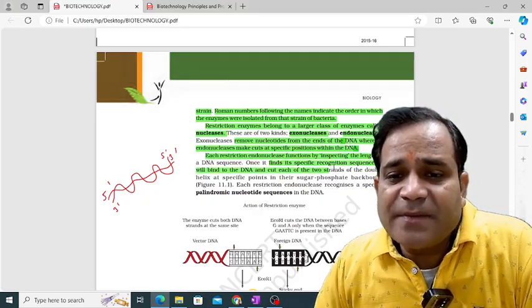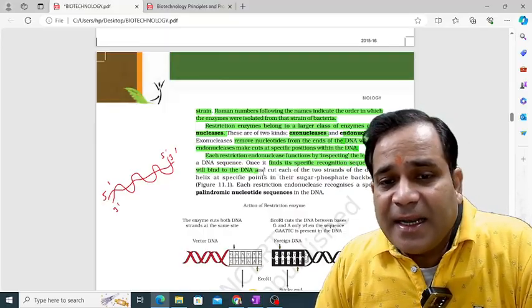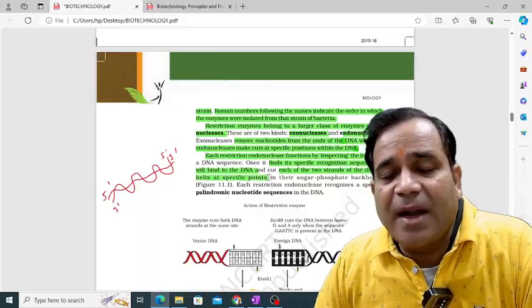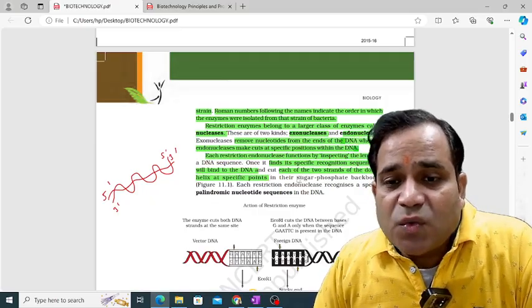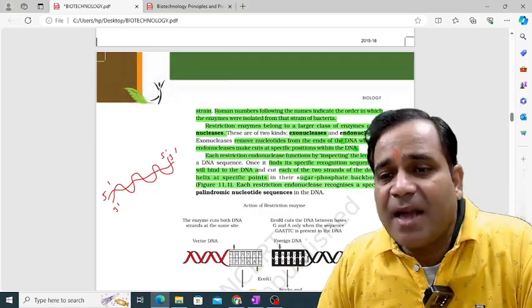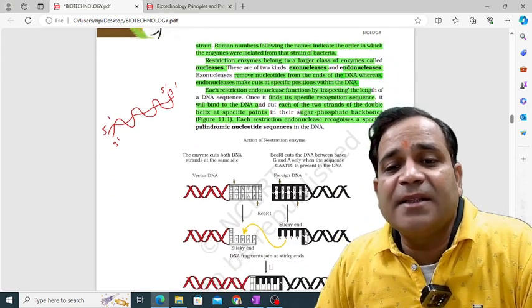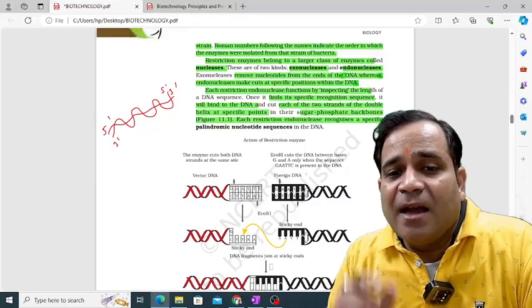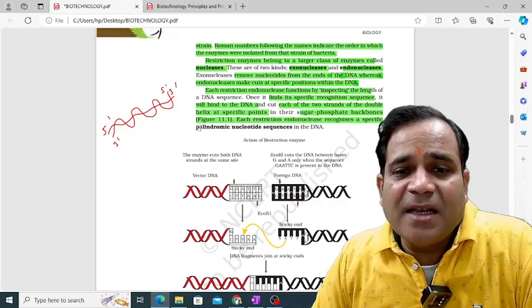Once it finds a specific recognition sequence, it will bind to the DNA and cut both strands of the double helical structure at a specific point. That specific point is in the what? Sugar phosphate backbone, my dear. What I'm saying to you? Sugar phosphate backbones. And each restriction endonuclease recognizes a specific sequence.